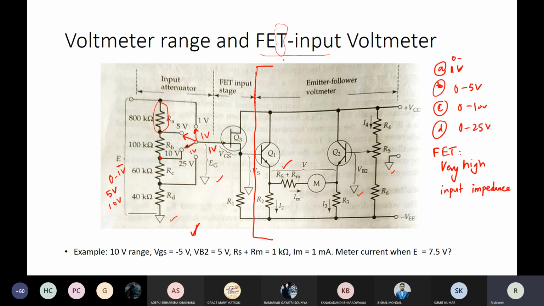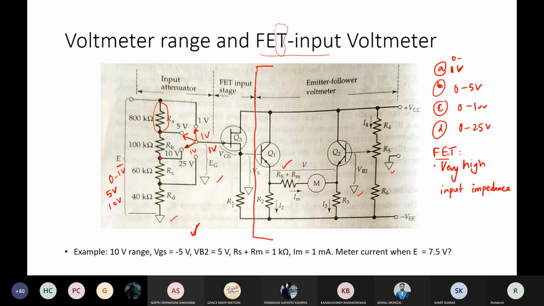We will not focus on this right now, but just remember that FET is a device which offers very high input impedance, in mega ohms. That is why we are choosing this as a device at the input stage of the emitter follower voltmeter circuit.